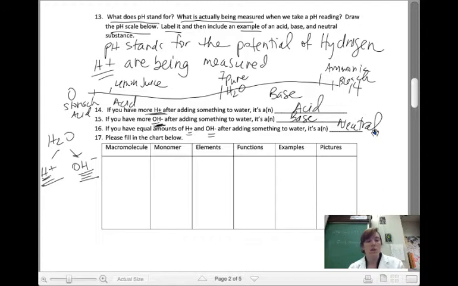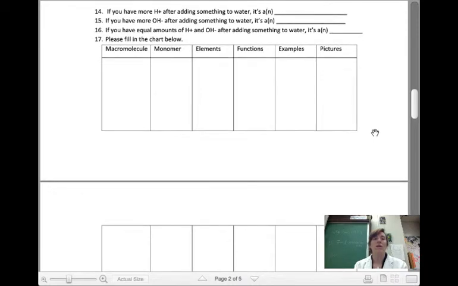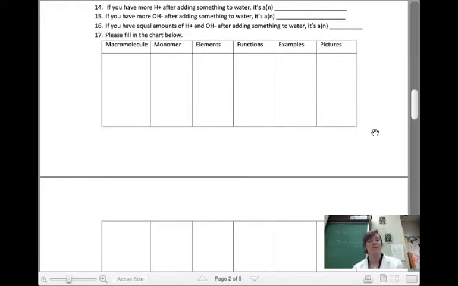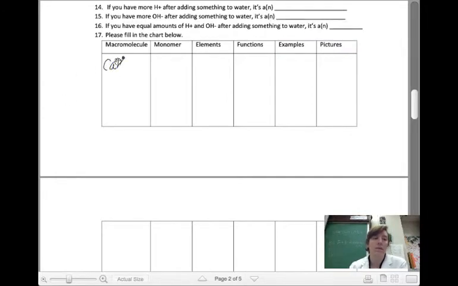All right, so let's move into our macromolecules. So the first macromolecule that we're going to talk about is our carbohydrates. So we're going to put carbs over here. Our monomer of carbohydrates are monosaccharides.